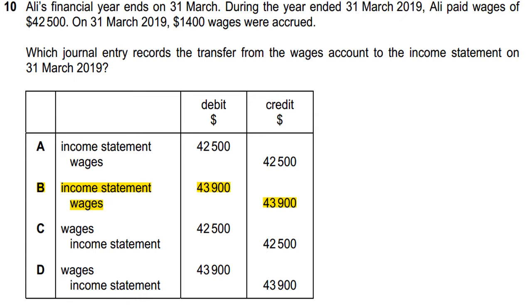It will be a liability that will be paid in the next period but recorded in the same period in which it is incurred. So this amount 1400 will be recorded in the same period in which 42,500 will be recorded.